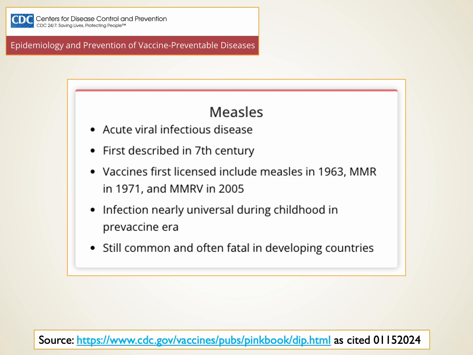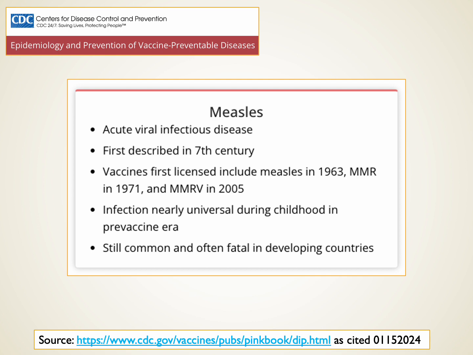Measles is a viral infection that's been around, first described in the 7th century. The first measles vaccine came in 1963, and the combination measles, mumps, rubella in 1971, and a recombinant version was available in 2005.